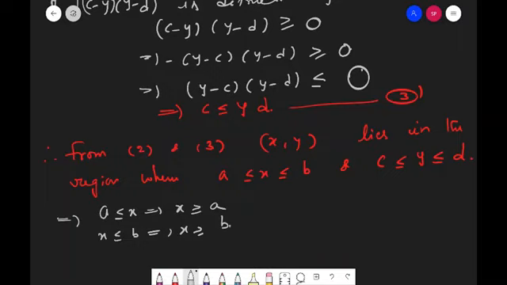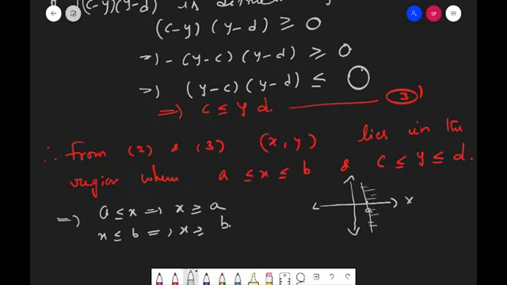That means if I have the xy plane, if this is the x-axis, what do you mean by x is greater than or equal to a? So that is x is equal to a. Suppose a is here, this is a value, it gives you x is greater than or equal to a.